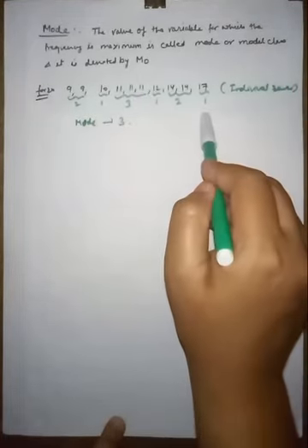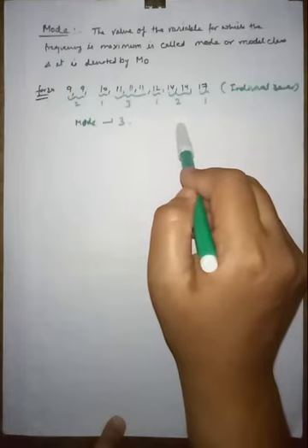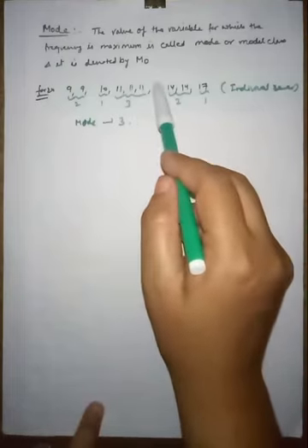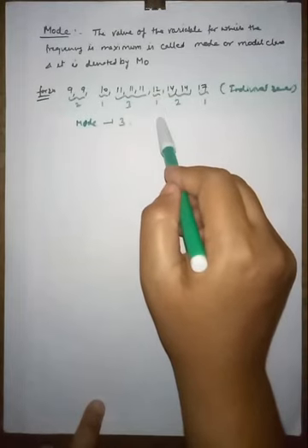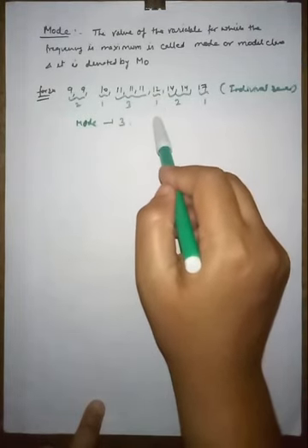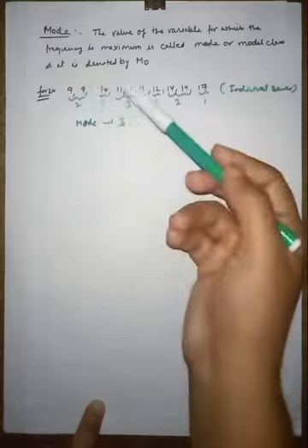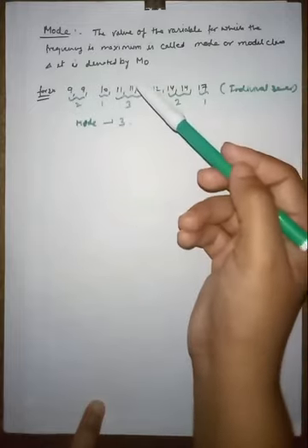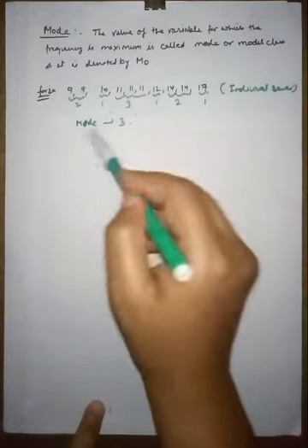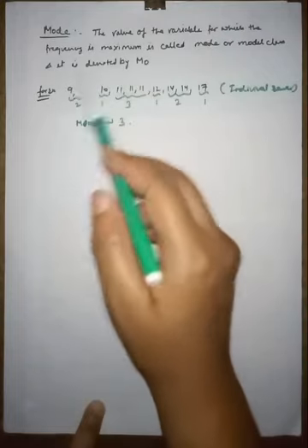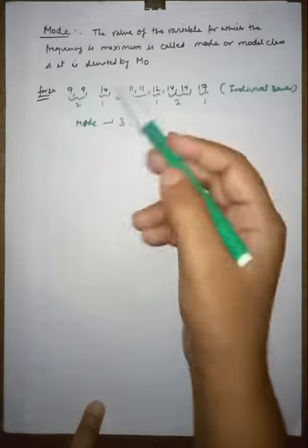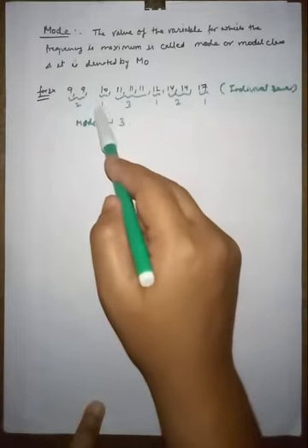Suppose in a data set there are two values with maximum frequency, then the distribution with two modes is called bimodal.